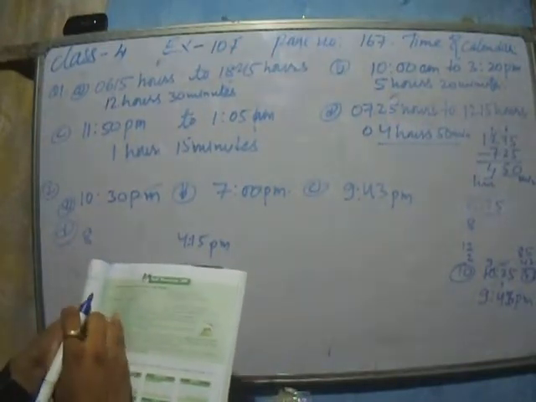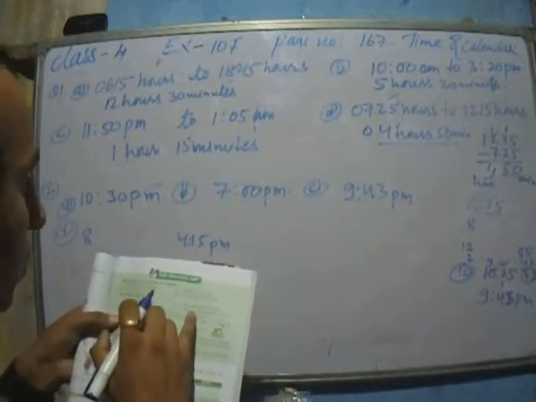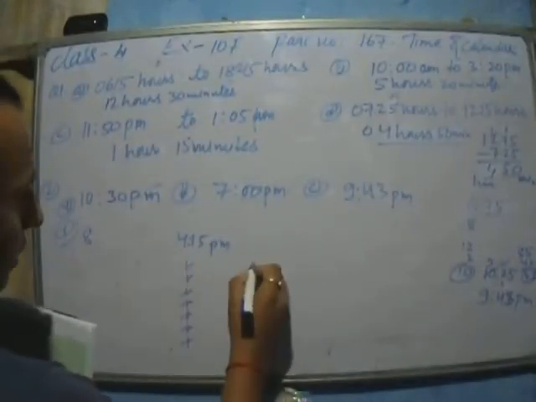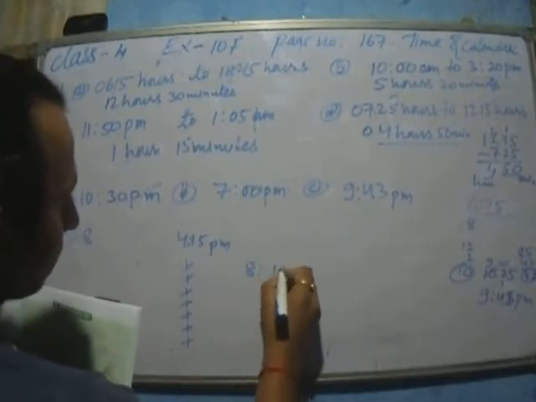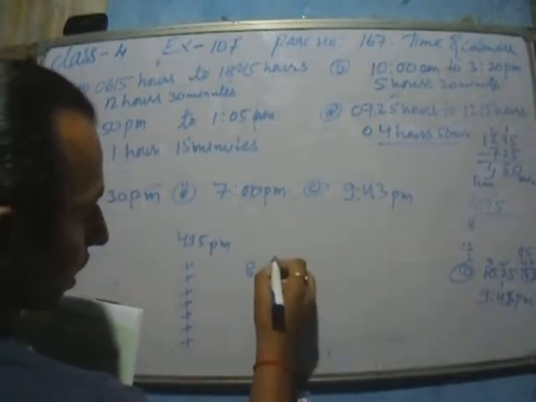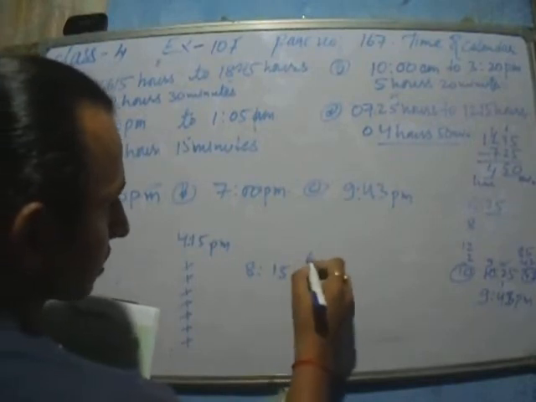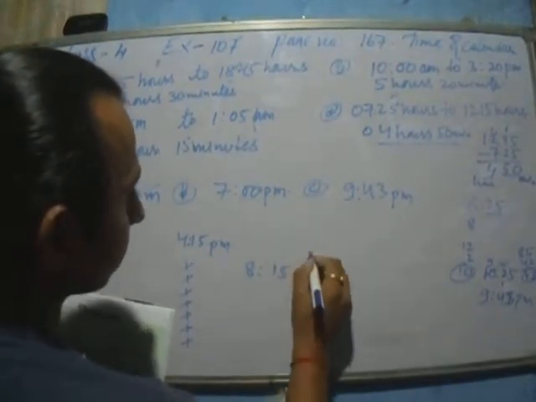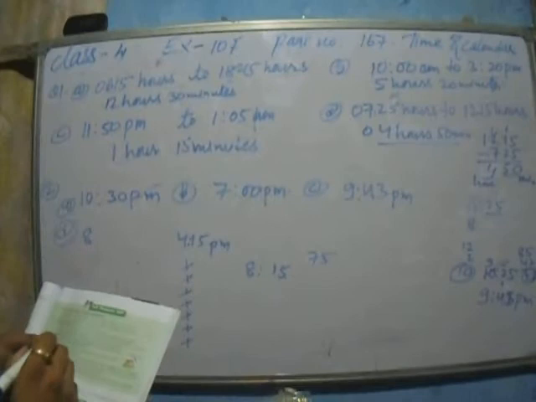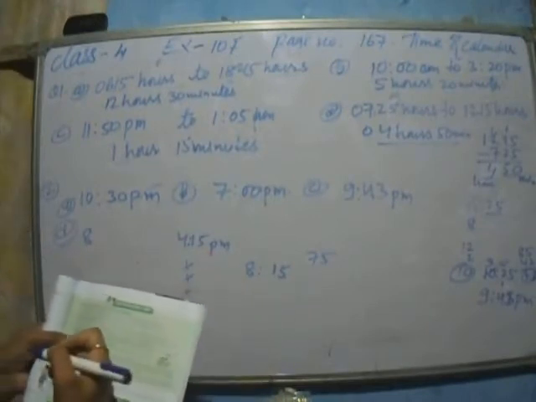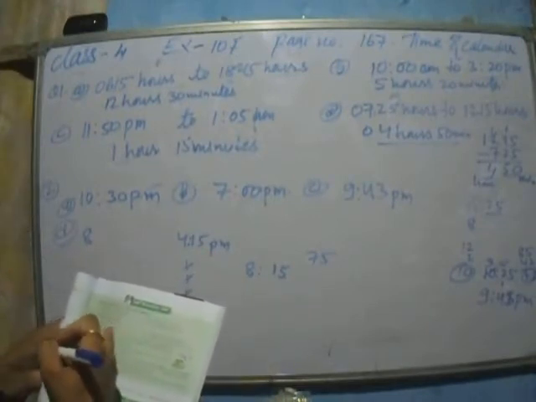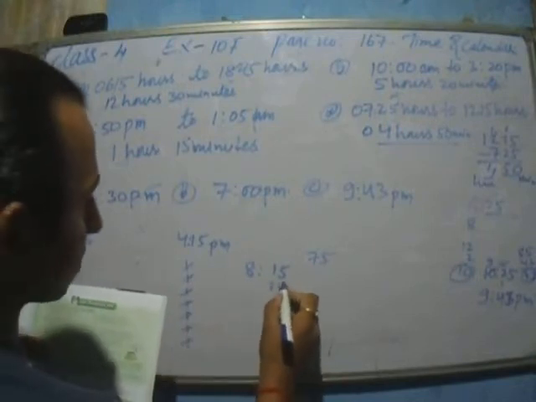But 8 a.m. we cannot write because here it is 7 hours 25 minutes. So here 25 minutes. So here 8:15 is there. From here we add 1 hour here. So we'll get here 60 plus 15 is 75. Then how many minutes are there? Sorry, it is 25 minutes. So we subtract 25 minutes.